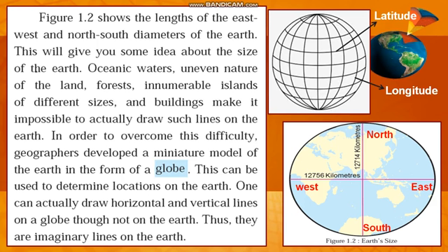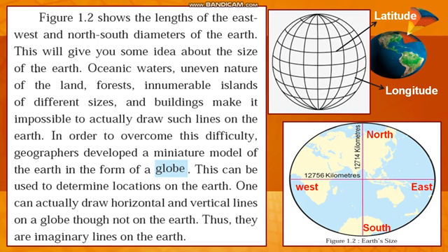In order to overcome this difficulty, geographers developed a miniature model of the earth in the form of a globe. This can be used to determine location on the earth. One can actually draw horizontal and vertical lines on a globe, though not on the earth. Thus, they are imaginary lines on the earth.